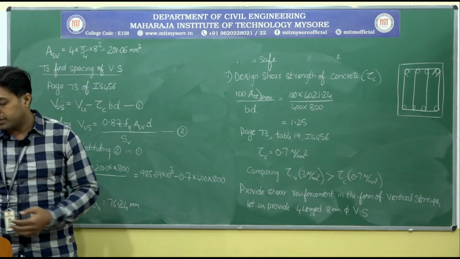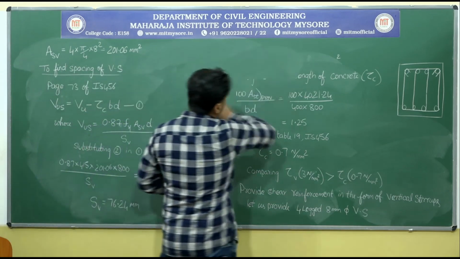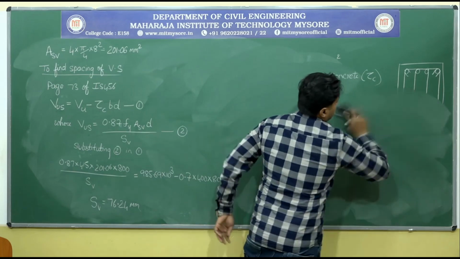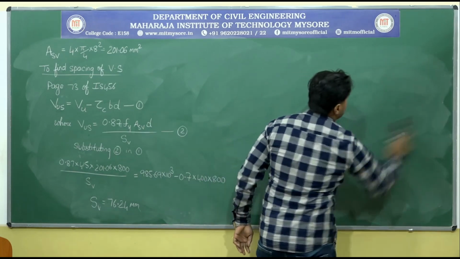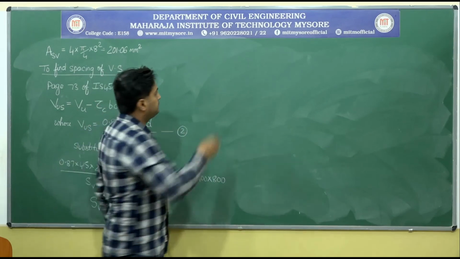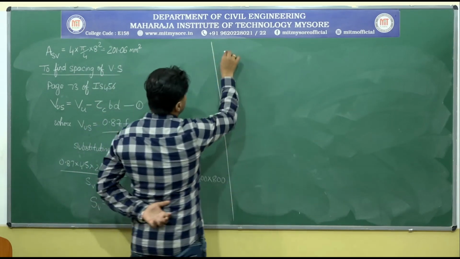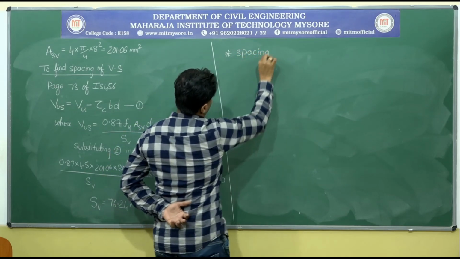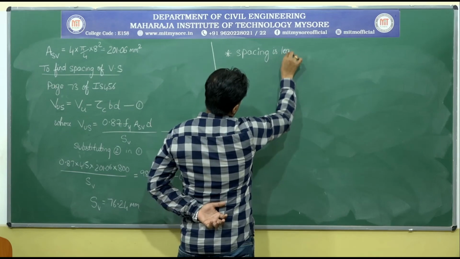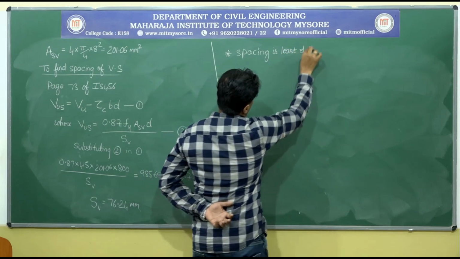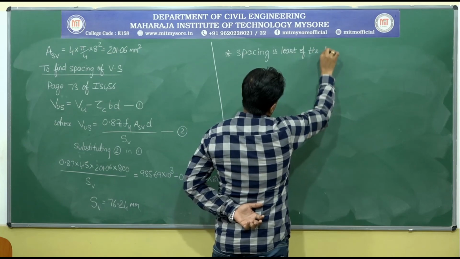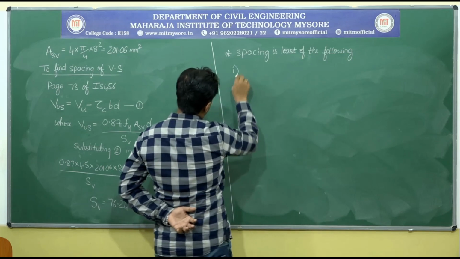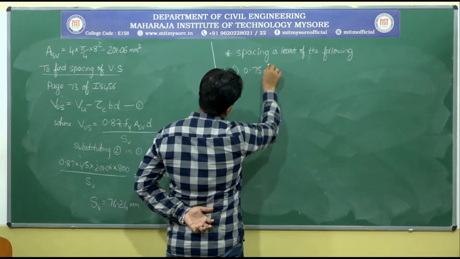But the code suggests one more thing for the spacing of the vertical stirrups. Okay. So next, spacing is the least of the following. I think you remember the first one is 0.75 times the effective depth.